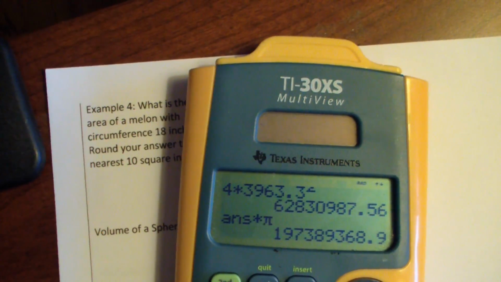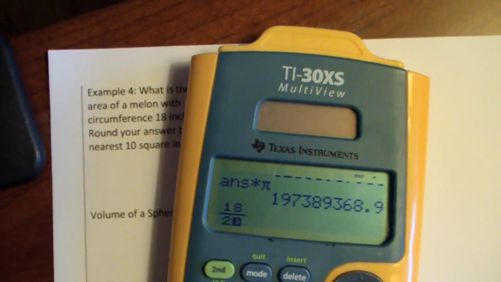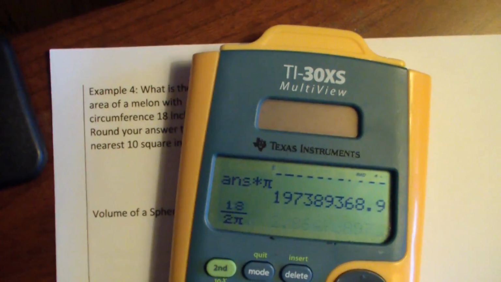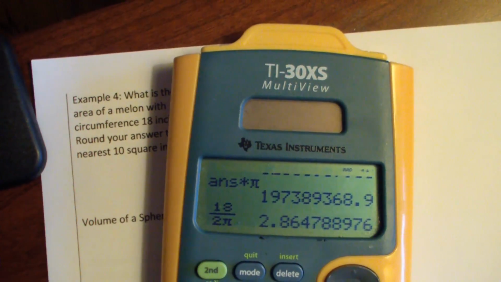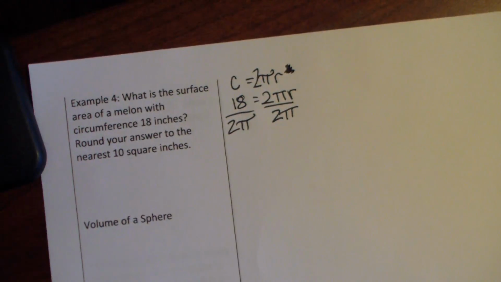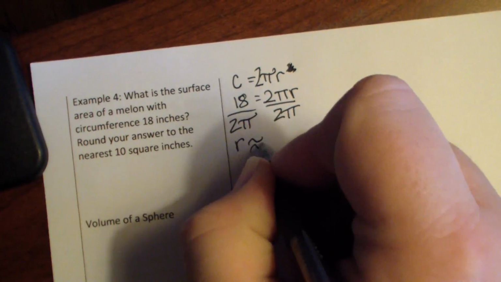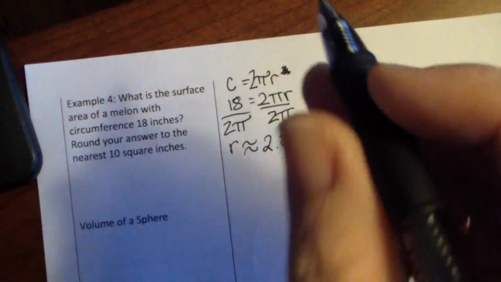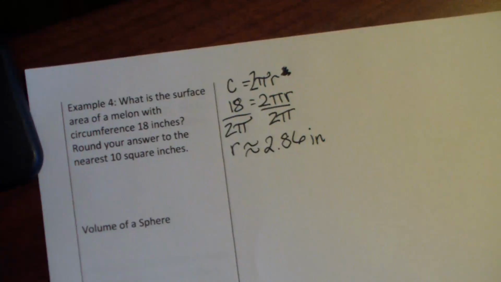So 18 divided by 2 pi is approximately 2.86. So our radius is approximately 2.86 inches.